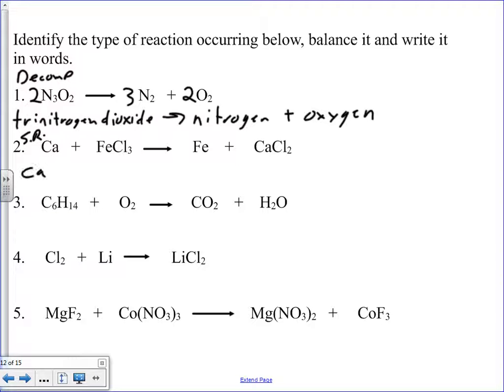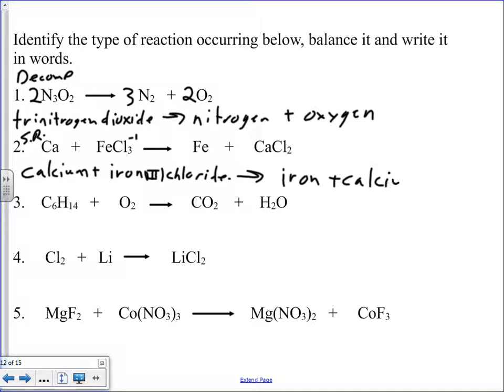Okay, this is calcium, okay, plus iron 3 chloride. How could I tell that? How could I tell it was iron 3? Right, because chlorine has a charge of -1. That gives me 3 negatives. I had 1 iron. Okay, all right, that's going to give me iron and calcium chloride.